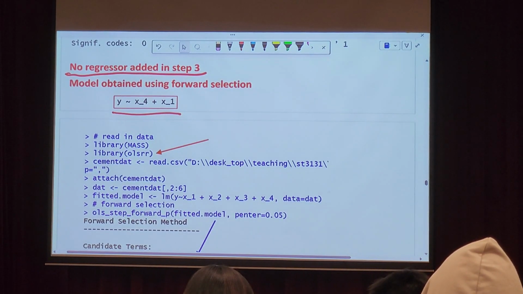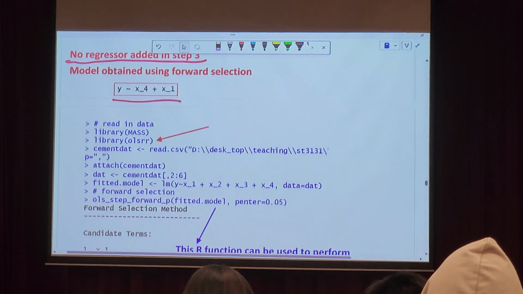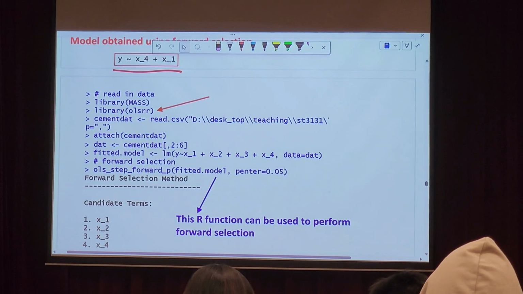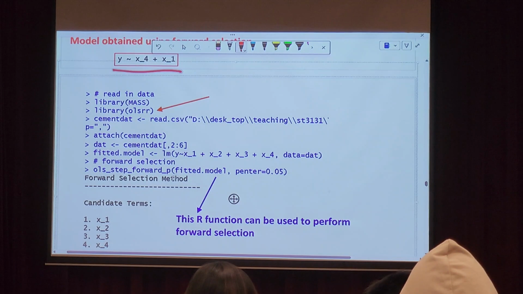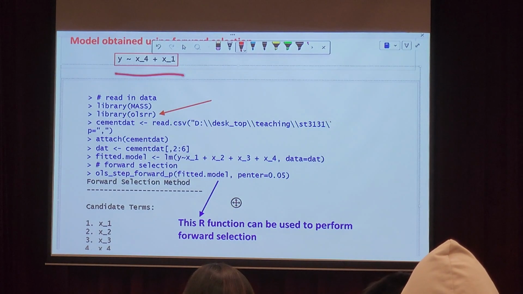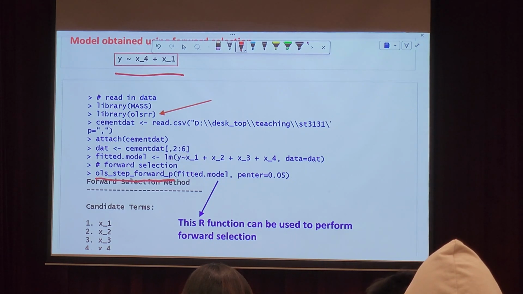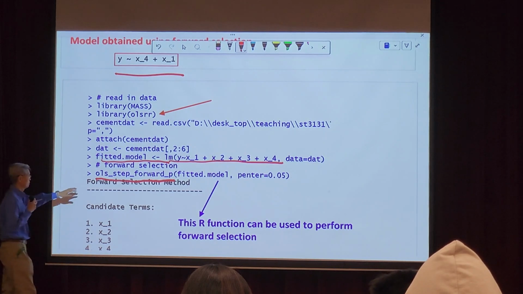So I'm doing all this using first principles to show you. But in R, there's a very beautiful function called ols_step_forward. Just now we used the function all possible regression, right? You can just fit the model, and then you just apply this function, ols_step_forward.